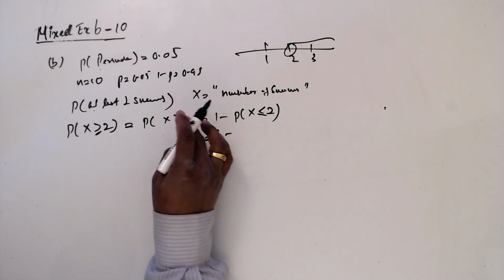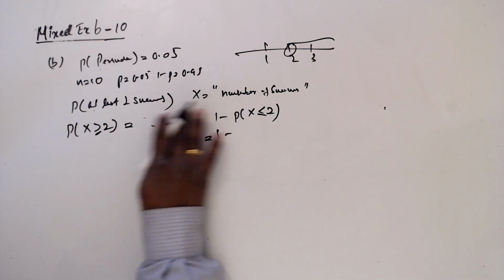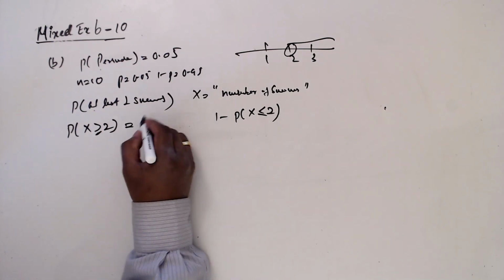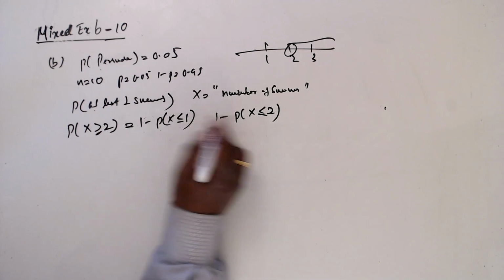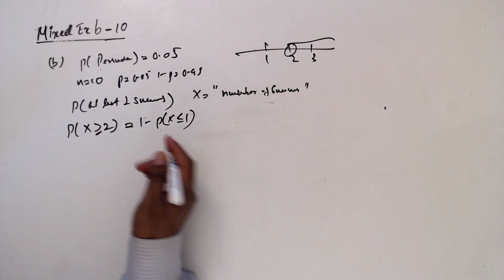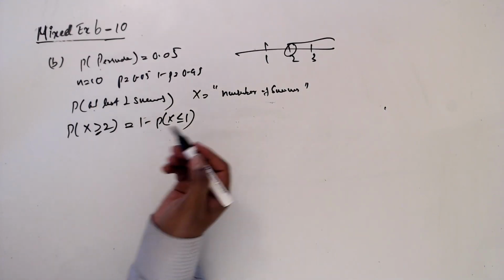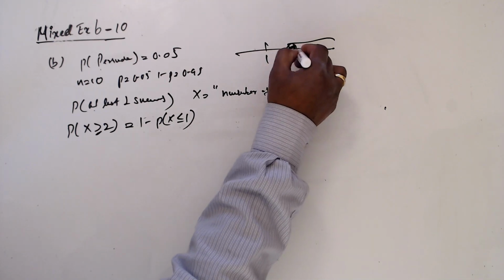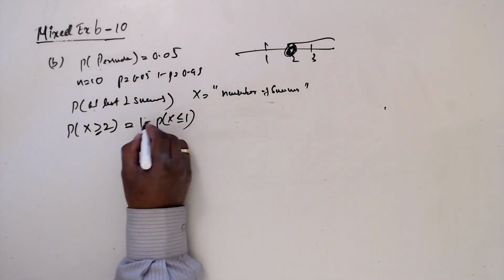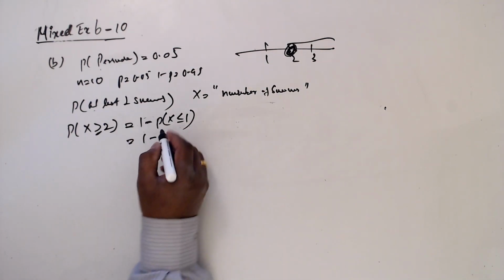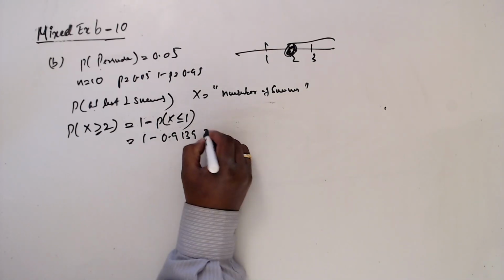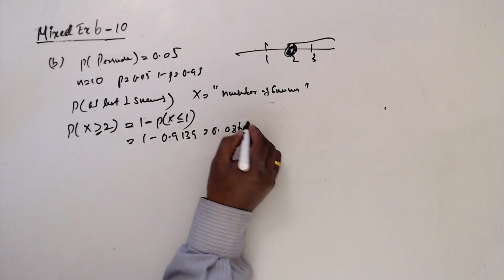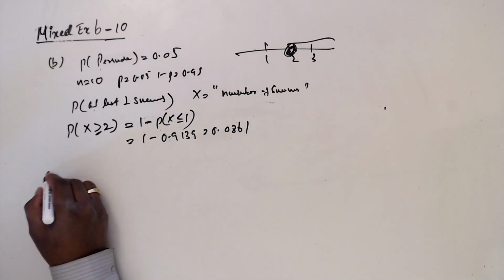Then this is simply the answer: 1 minus probability x less than or equal to 1. So at least 2 means including 2. From the table we can take this answer, 0.0861.